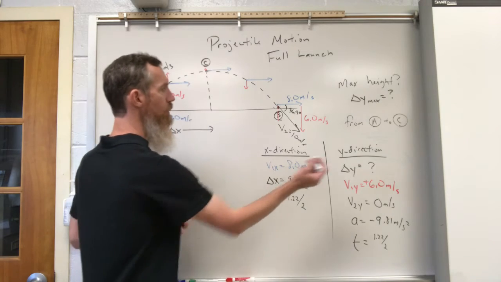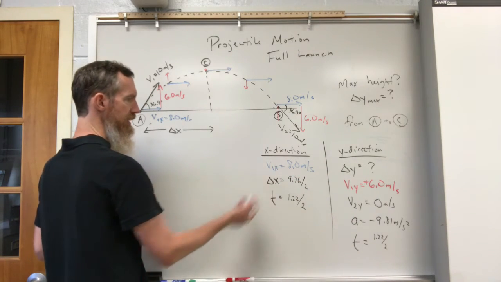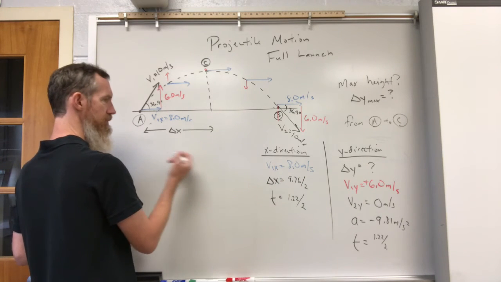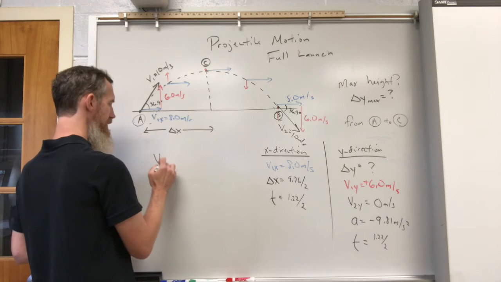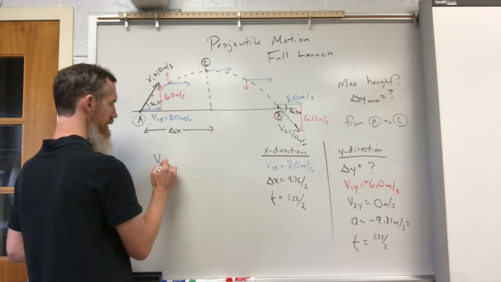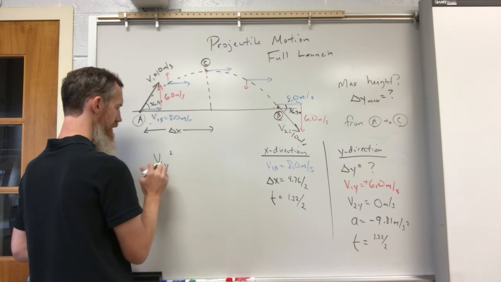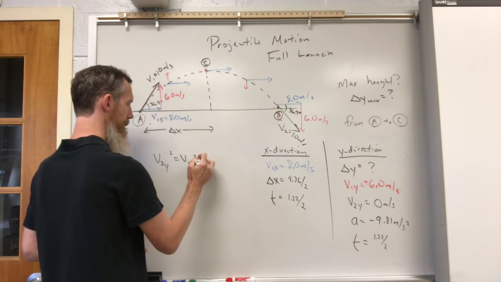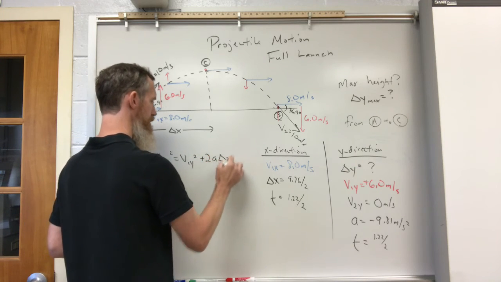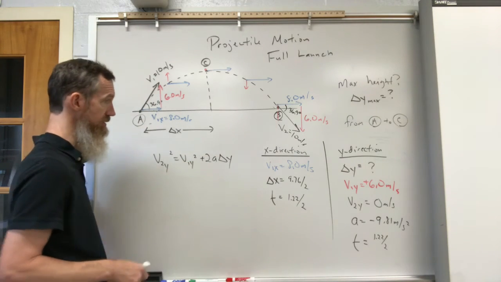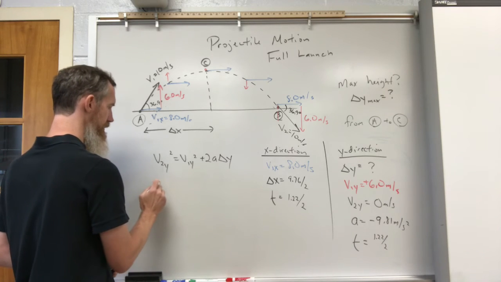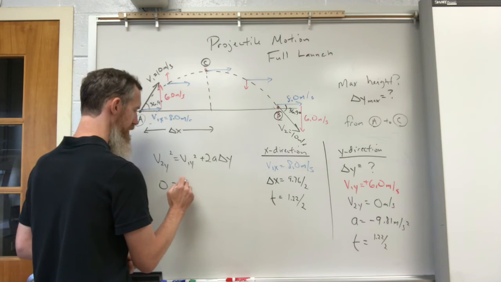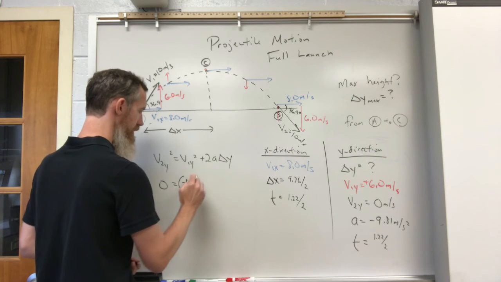And I'm going to do this from the y direction, because the x direction is done. I don't need to do anything else to that. So in the y direction I'm looking for delta y. If I use the time independent equation for the y direction, I happen to know that this is 0, and I happen to know this is positive 6 squared.